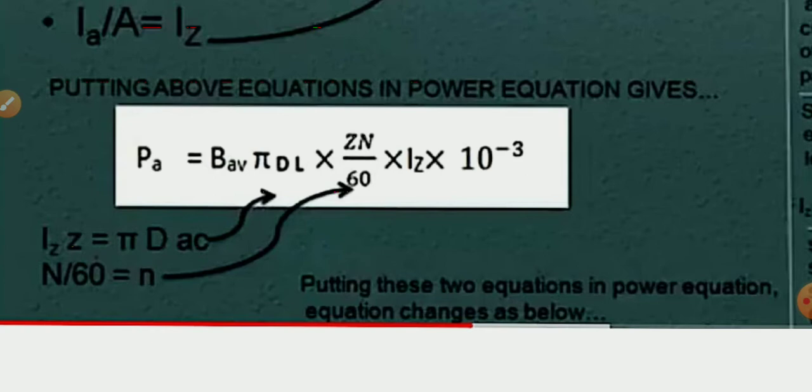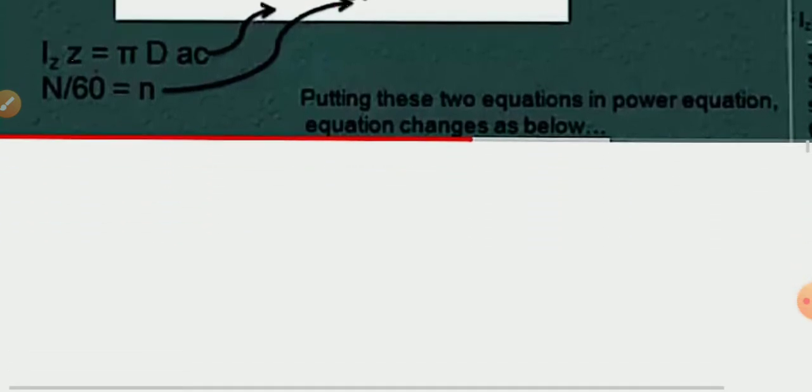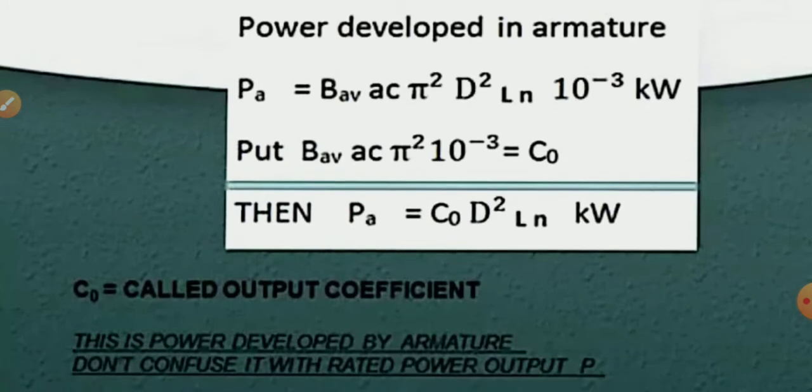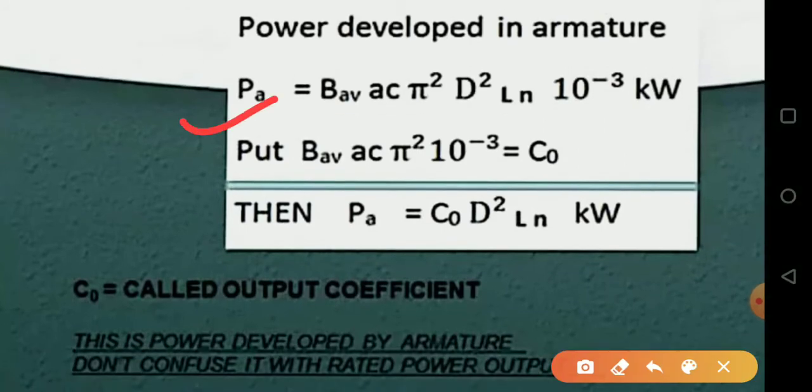So when we put these values in this equation, we get the power developed in the armature as Pa equal to BAV into ac pi square D square Ln into 10 to the power minus 3 kilowatt. Here all the terms are constant: BAV into ac into pi square into 10 to the power minus 3.